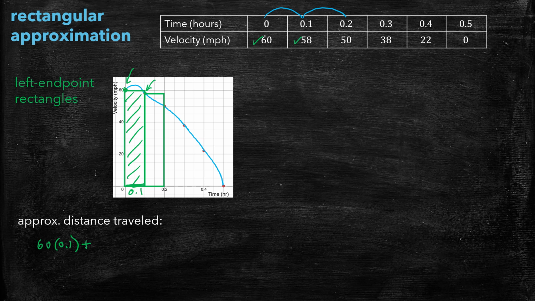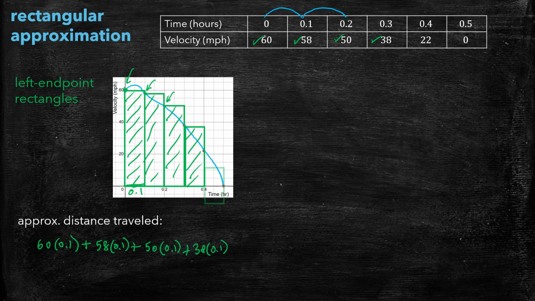It's the 58. So the area of this would be 58 times 0.1. And let's proceed. What would be the area of this? Upper left endpoint is 50. So 50 times 0.1. Continuing on, we have 38 times 0.1.